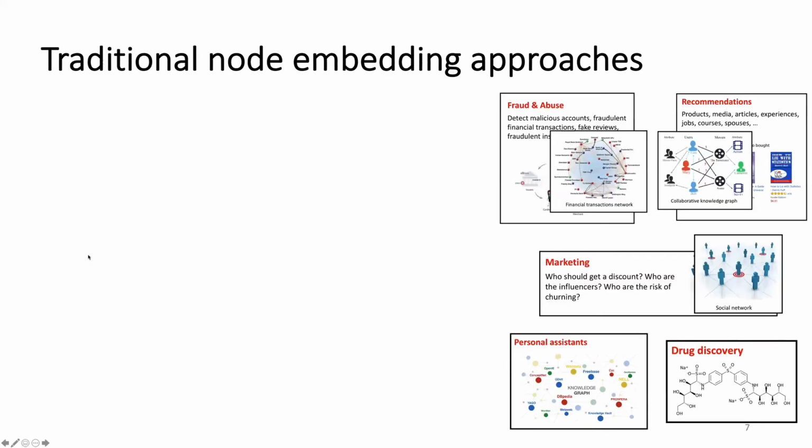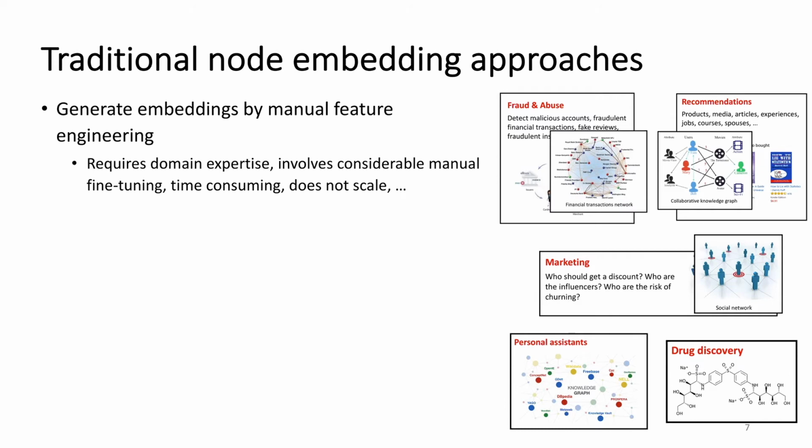Now, over the years, a bunch of different methods have been developed to compute those embeddings. One class of methods generates those embeddings by doing manual feature engineering. That requires domain expertise, involves considerable manual fine-tuning, is in general time-consuming, and simply does not scale.